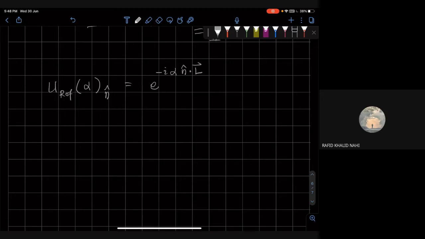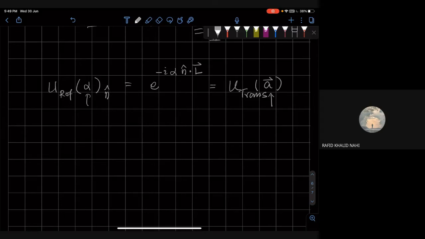But this operator is also a translation operator, a translation by some translation vector A. Now this translation vector will depend on this angle.